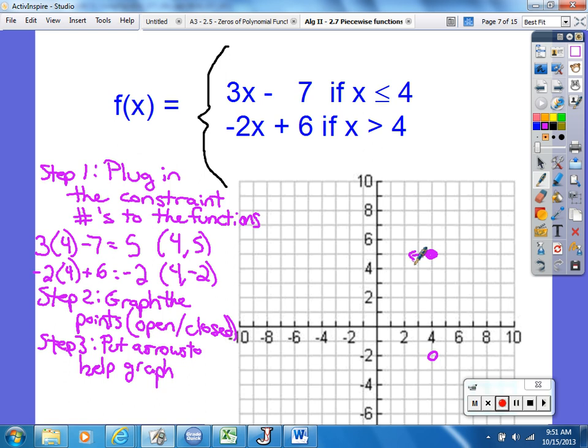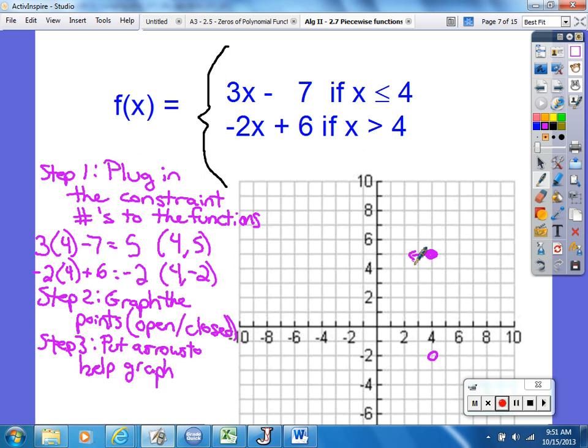Actually, when I graph this ray, raise your hand if you're in geometry. Raise your hand if you can tell me the definition of a ray. It doesn't have to be the perfect geometry version of it. What is a ray? Good.